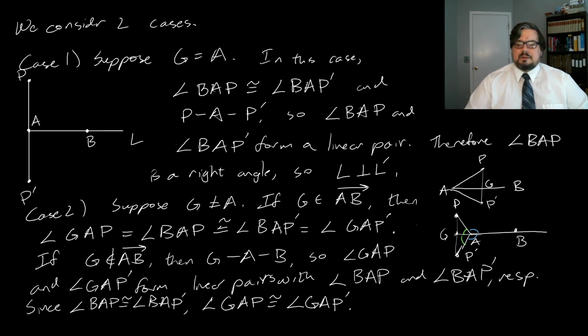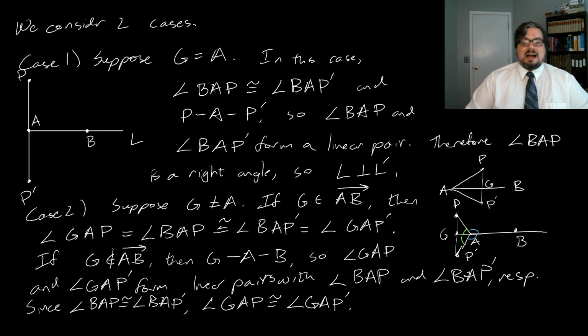And I believe we had a result like this in the homework. The basic idea is that if two angles form a linear pair, then the sum of their angles is 180. And therefore, because the two blue angles have the same measure, and each of the green angles has to be the difference of 180 and the measure of the blue angles, the green angles have to have the same measure.